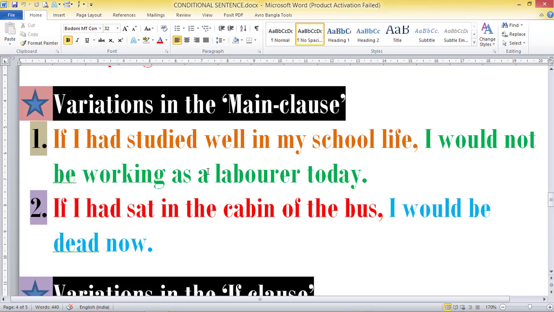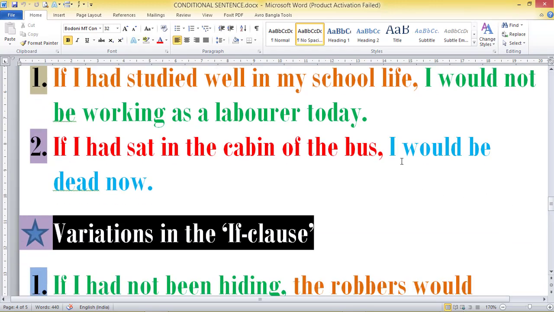Now let's go to the second sentence. The second sentence is, if I had sat in the cabin of the bus, I would be dead now. Here in the main clause, after the subject we have used would, then be, then this is the adjective, that is, we have used here the first form of the verb after would. You can use after I, should, could, or might also.